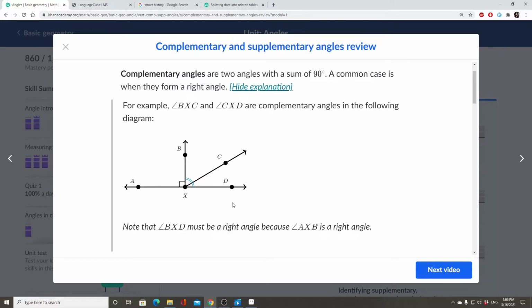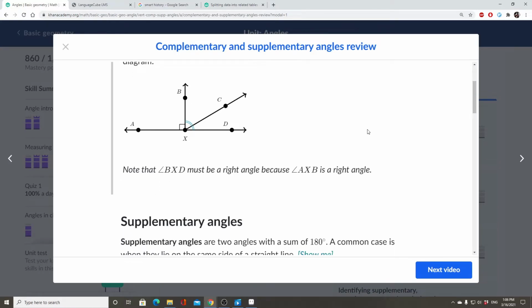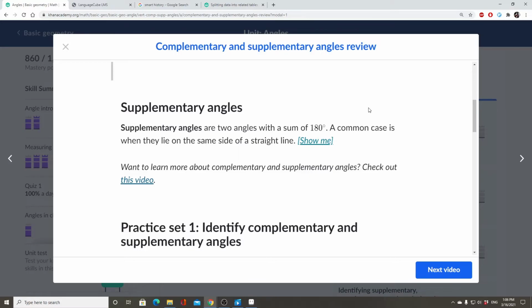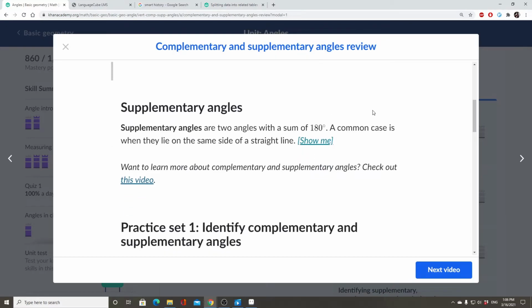Okay, so the sum is 90 degrees, the total sum of both of these angles. Note that BXD must be a right angle because AXD is a right angle. BXD is a right angle because AXB is a right angle. Yeah, okay, that makes sense. And supplementary angles. Supplementary angles are 2 angles with the sum of 180.